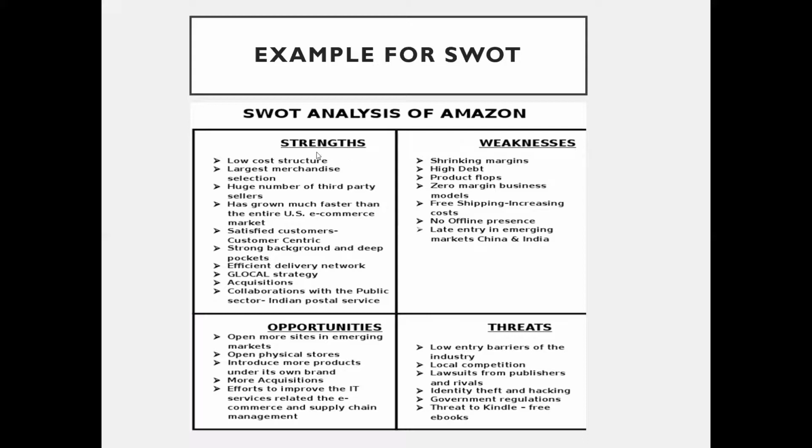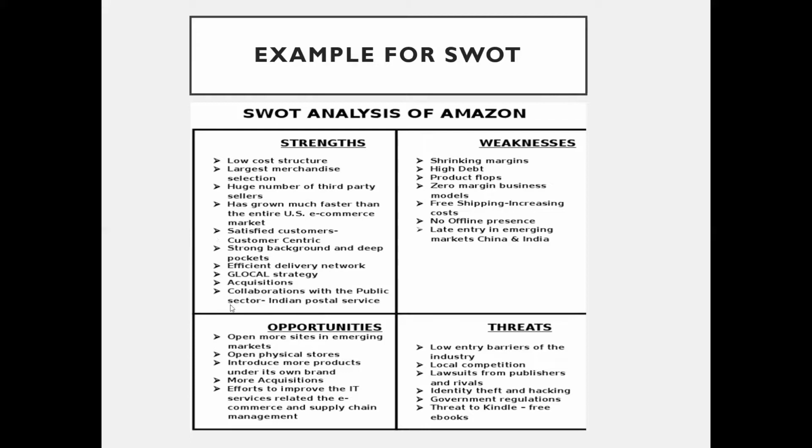Here you can see some of the strengths of Amazon business: low cost structure, largest merchandise selection, huge number of third party sellers, has grown much faster than the entire US e-commerce market, satisfied customers, customer centric market, strong background and deep pockets, efficient delivery network, local strategy, acquisitions, collaboration with the public sector, Indian Postal Service, etc.